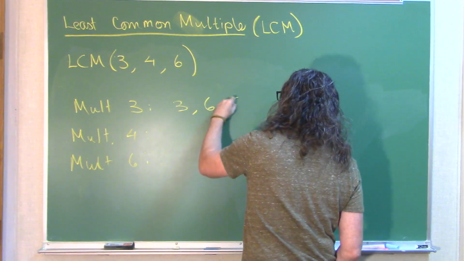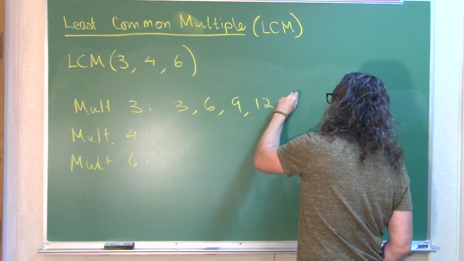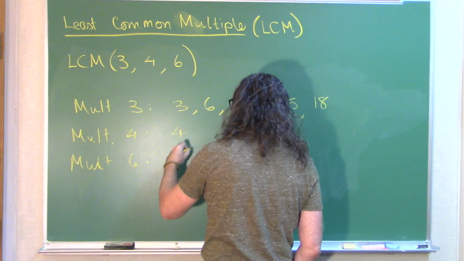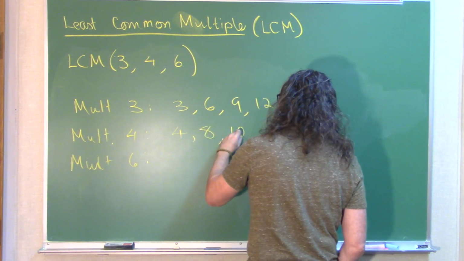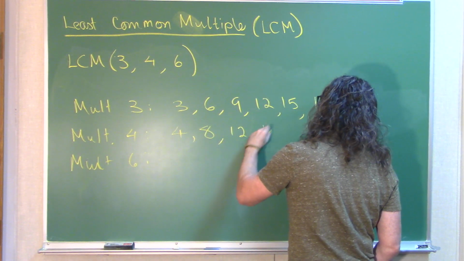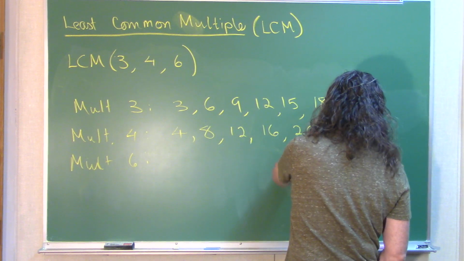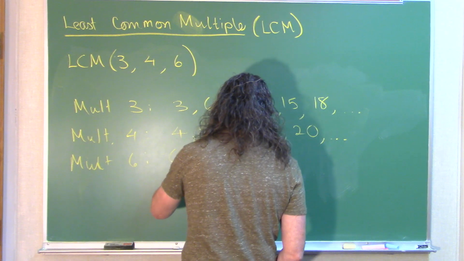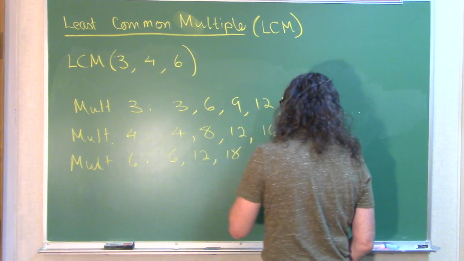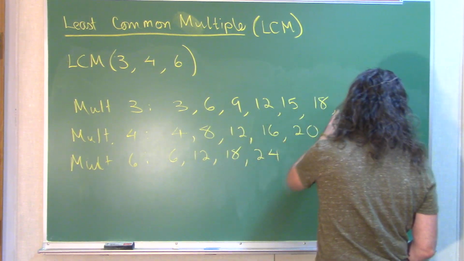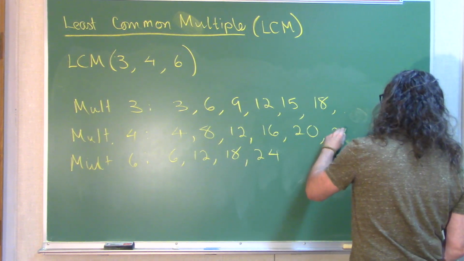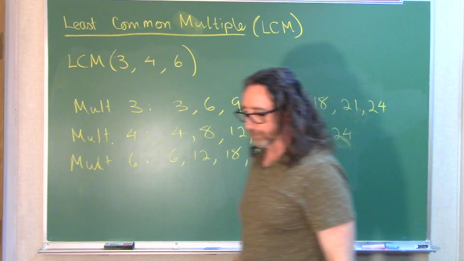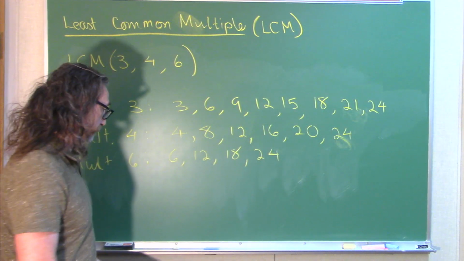3, 6, 9, 12, 15, 18. Multiples of 4: 4, 8, 12, 16, 20. And multiples of 6: 6, 12, 18, 24. Notice we're seeing some stuff in common.